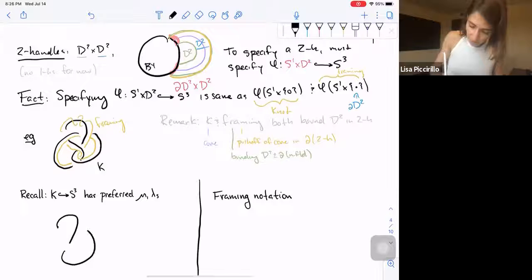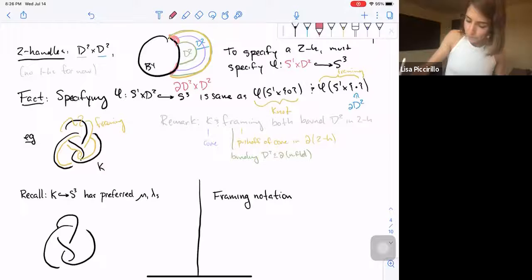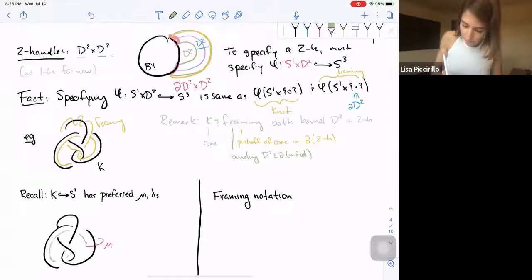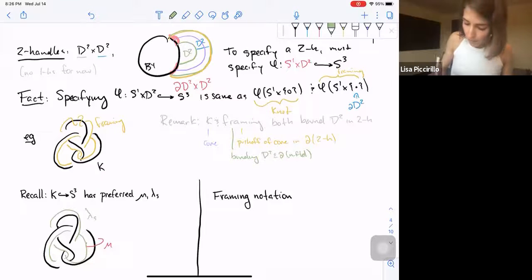Here you draw this picture quickly. So the meridian is just the curve in the boundary of the tubular neighborhood of the knot that bounds the disk in the tubular neighborhood of the knot. And the preferred longitude, also called the Seifert longitude, is some curve in the boundary of the tubular neighborhood of the knot that has the following properties.